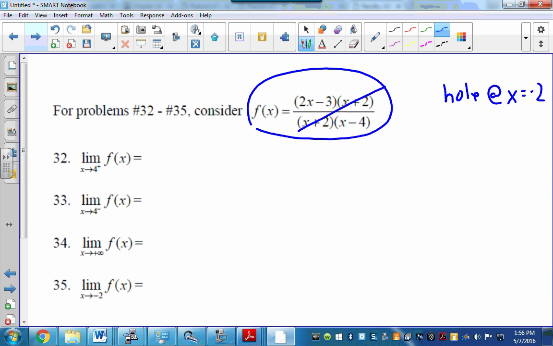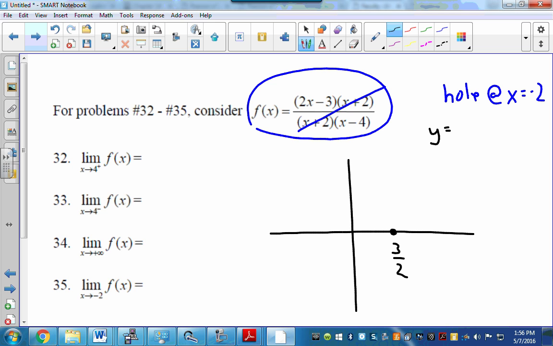That's pretty clear. And if I sketch the remaining pieces, so now I'm looking at just the stuff that's not canceled out, I see we have a 0 at 3/2. So this is x is equal to 3/2. Note that I got y, or f if you like, 2x minus 3 over x minus 4.